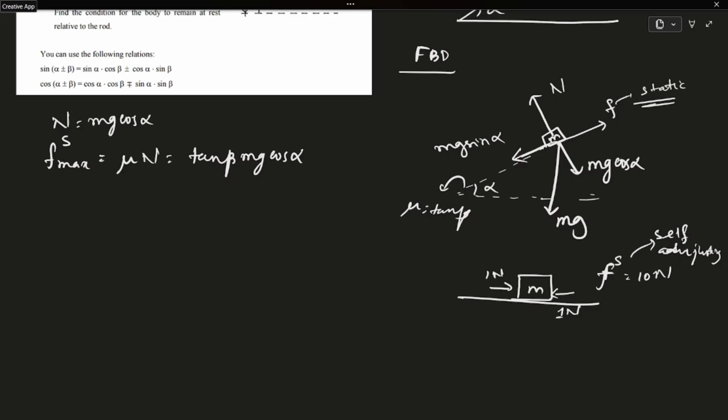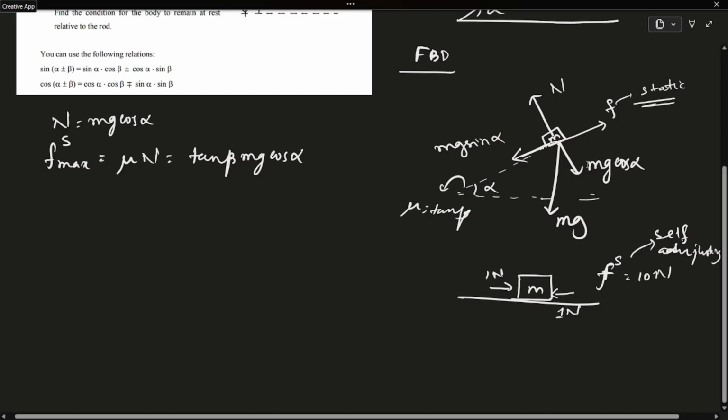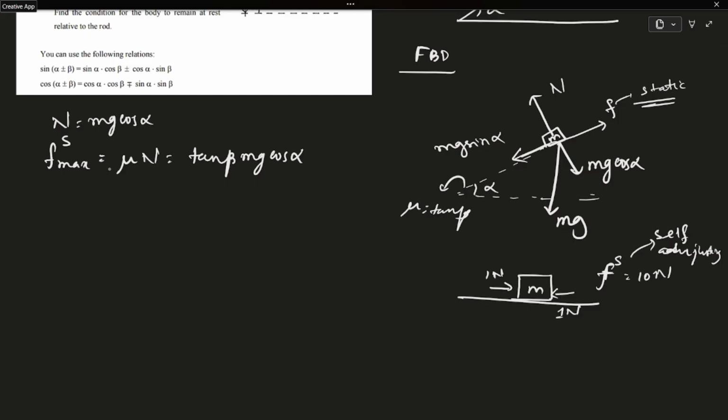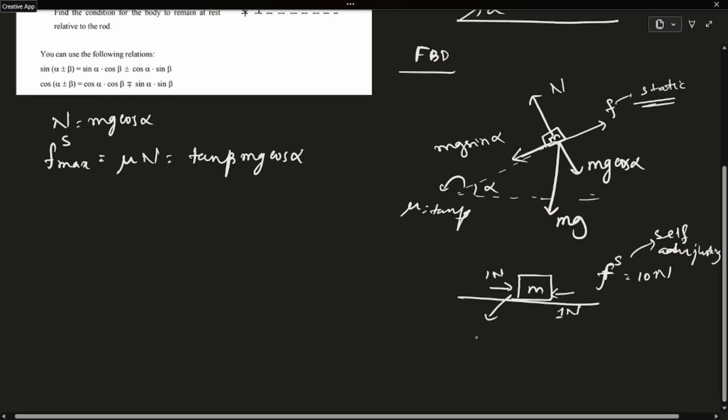It will adjust with the applied force's value. So for rest in this scenario, what can we write? F must be less than or equal to Fs max.